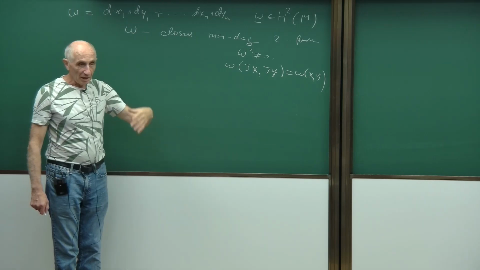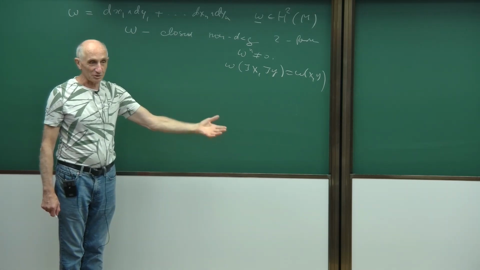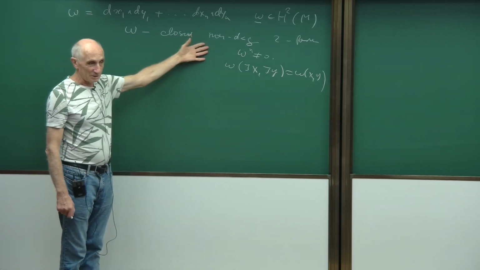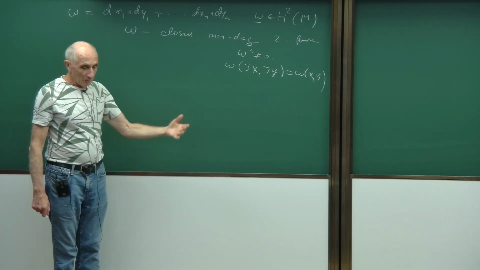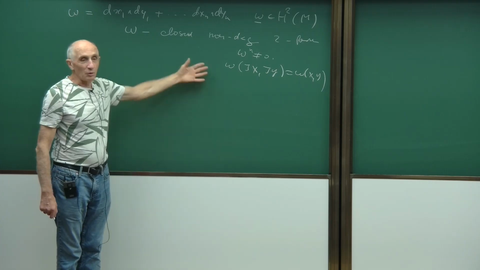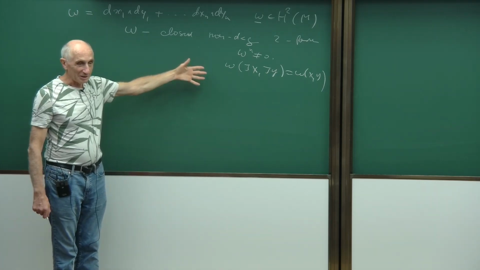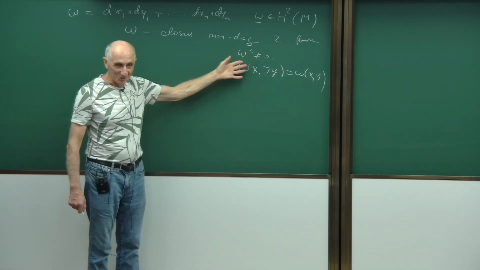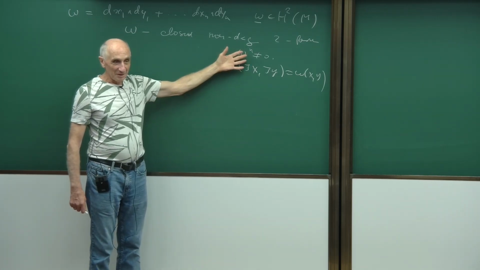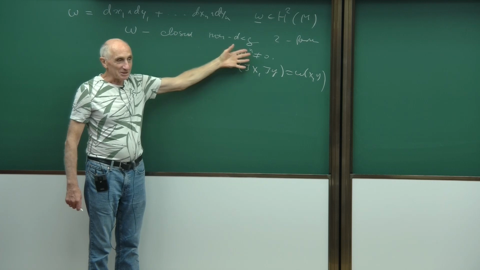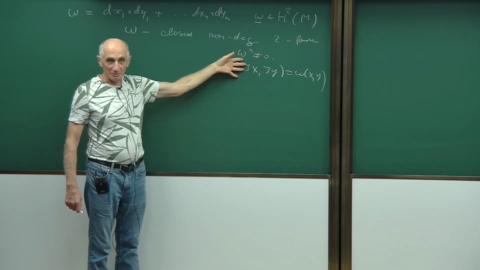You can ask, are these conditions sufficient? Can you always find a symplectic form? Well, it's known that in dimension 2 this is true. In dimension 4 it's wrong, and starting from dimension 6 nobody knows.